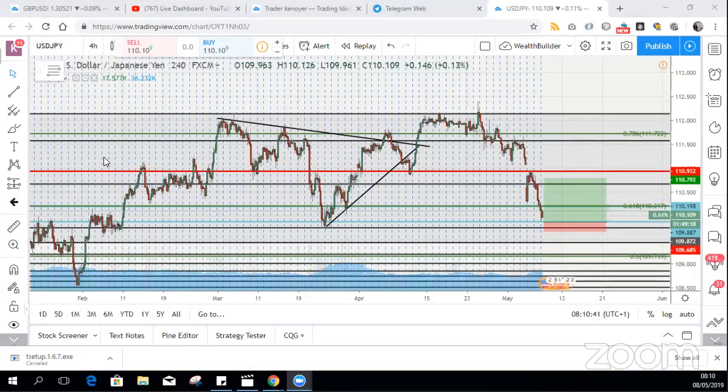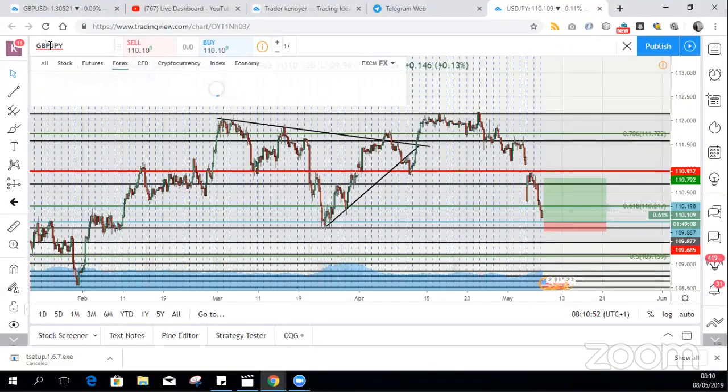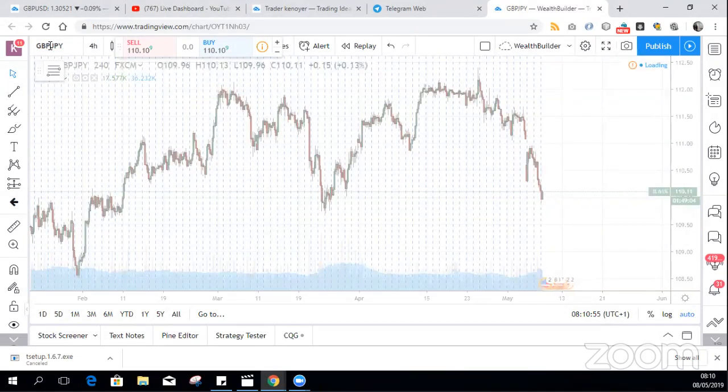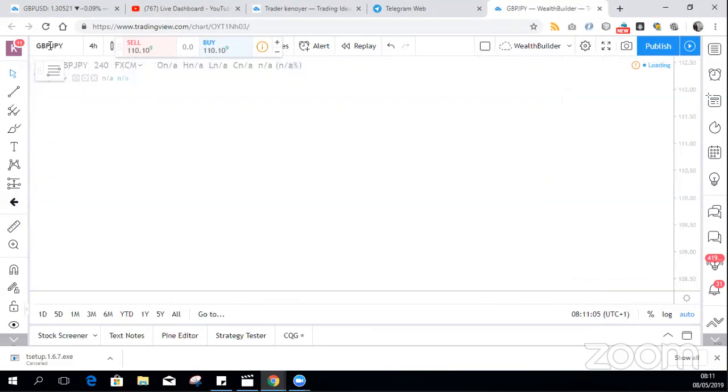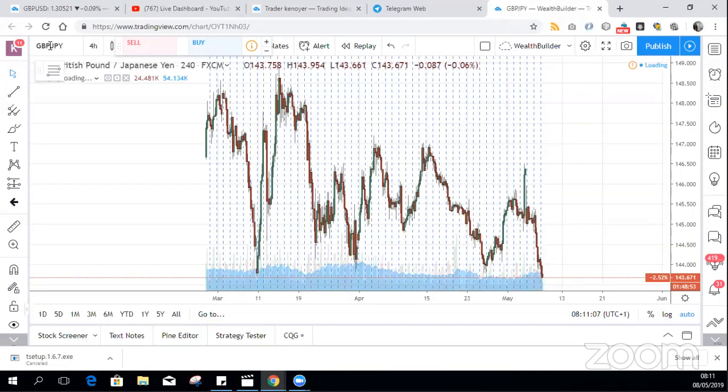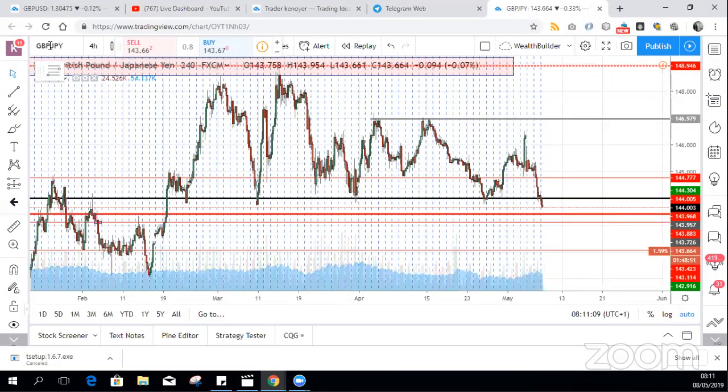EJGJ. GBP JPY. Okay, GJ, we can see a similar play happening.